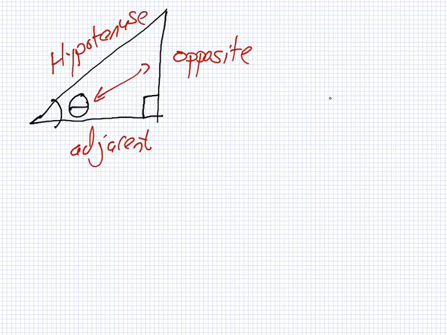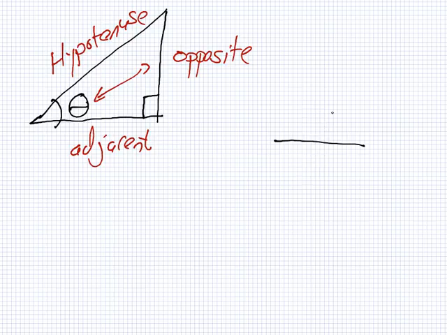Be quiet and just look. On the top, you could have opposite here and opposite here. Now, this comparison we won't bother with because it's always going to be 1. But you could have opposite over adjacent, and opposite over hypotenuse.